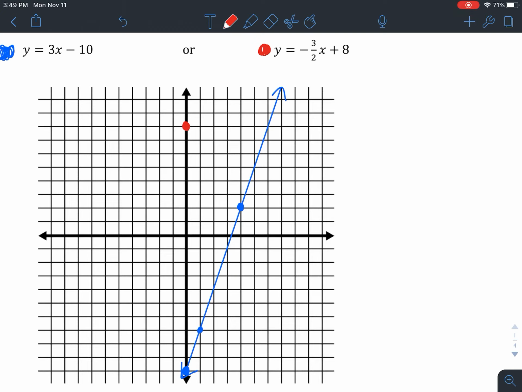Depending on which way your brain likes to think, either down 3 and right 2, or up 3 and left 2. Either way you get the same line. So if we connect my 2 points, hey, look at that. It does still pass through the point I'm trying to see, which in this case is 4 comma 2.